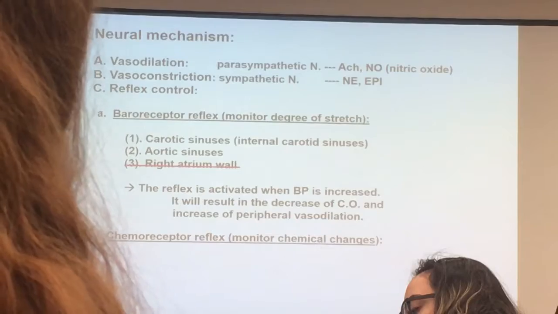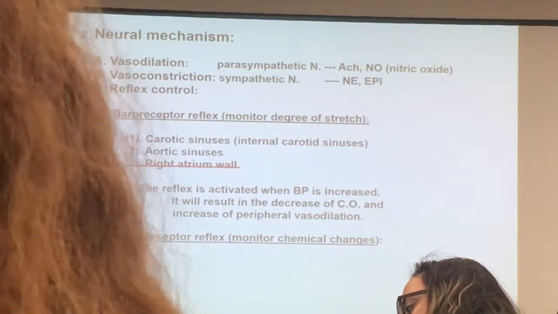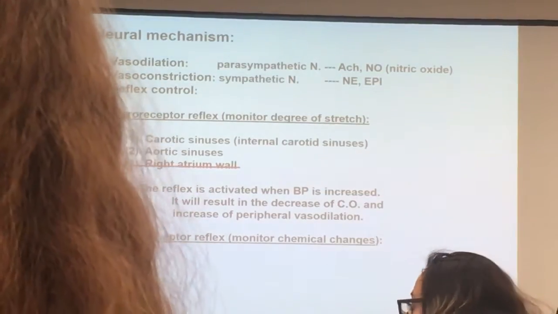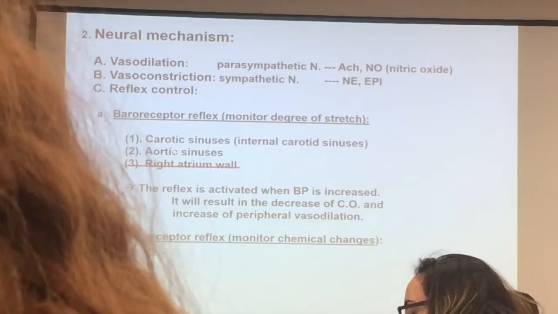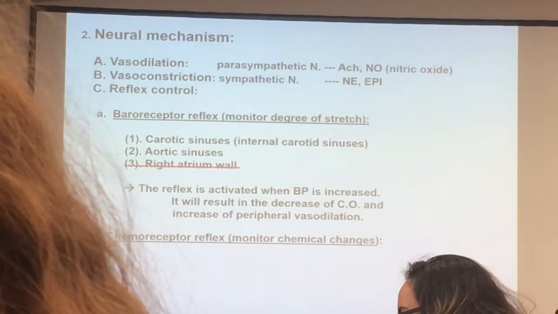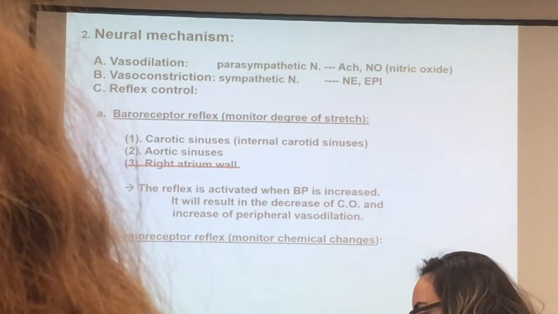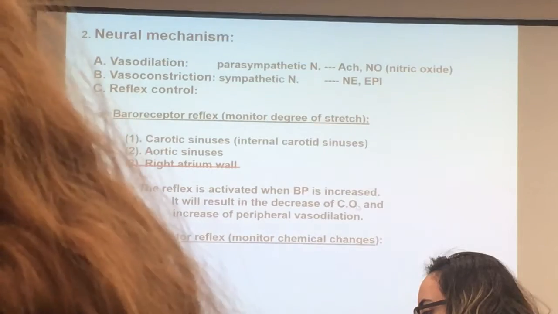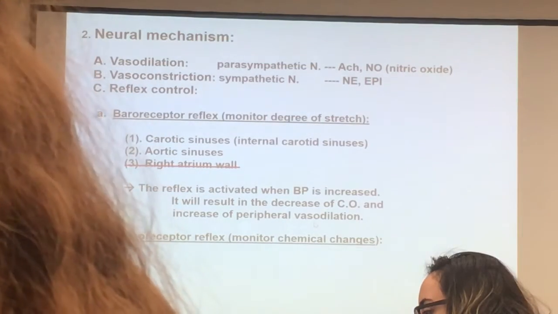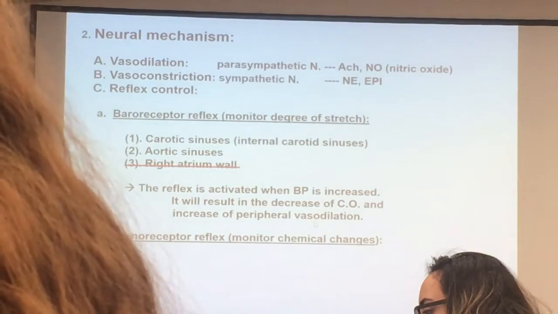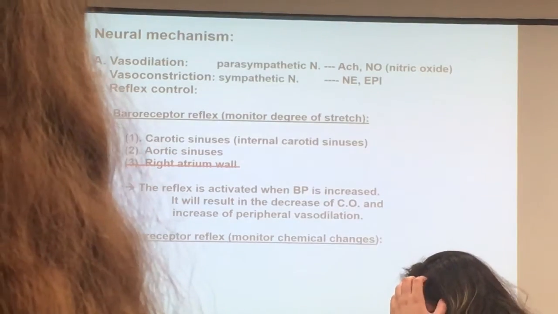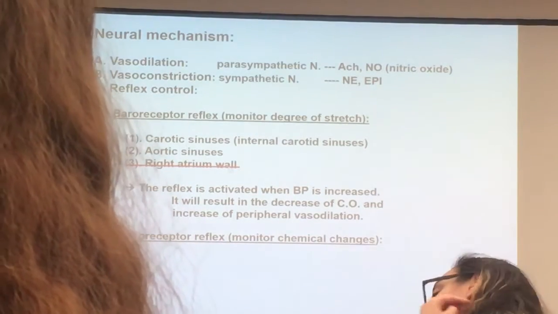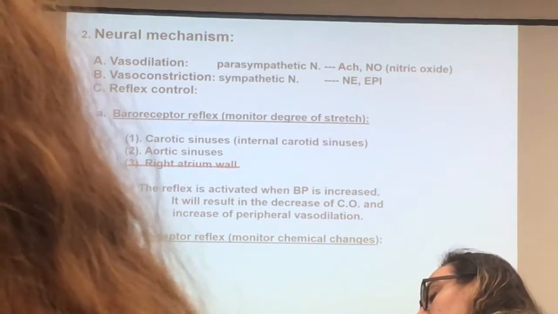Okay. And we also can control by some receptors. Our receptors control the blood pressure. I mentioned that. Majorly in the carotid sinus and aortic sinus. If the blood pressure increases, that will activate the parasympathetic system, and then will decrease cardiac output and increase local peripheral vasodilation, and then the blood pressure goes from increased to decreased. Okay, the right atrium wall, that mechanism is different from what I mentioned.